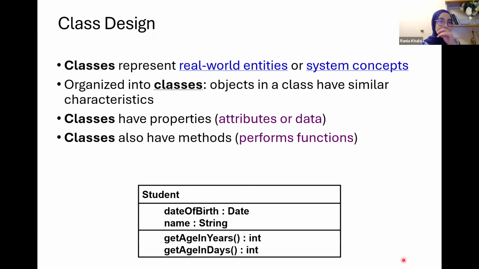Now let's have another example. So let's look at this particular class student, okay? So classes, as I said, represent real world entities or system concepts, and they could in general be easy to extract from the use case, okay?